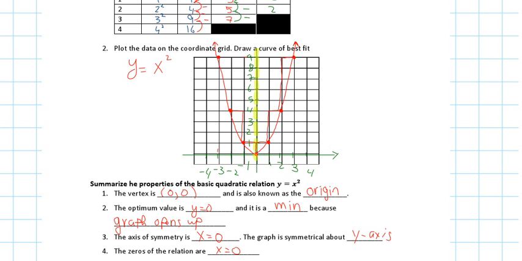So the pattern is, from the vertex, first I go up 1 over 1 to both sides, then up 3 over 1, then up 5 over 1.